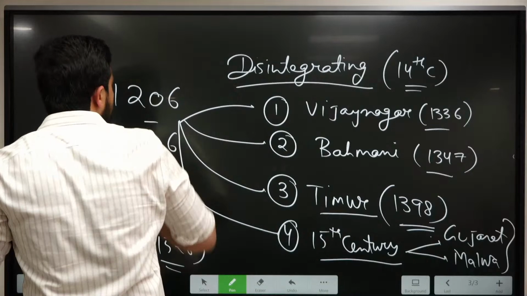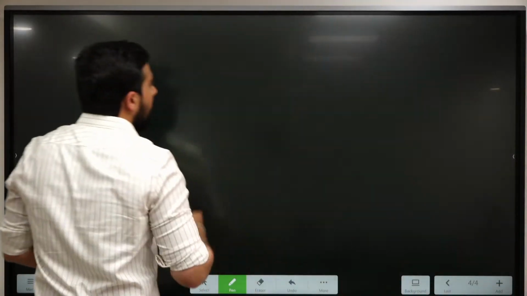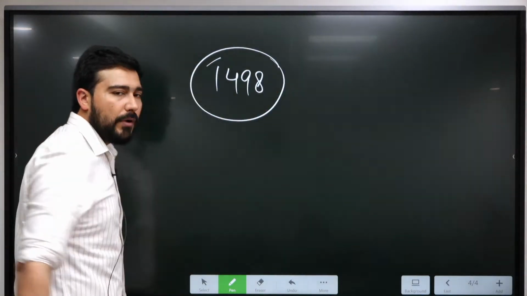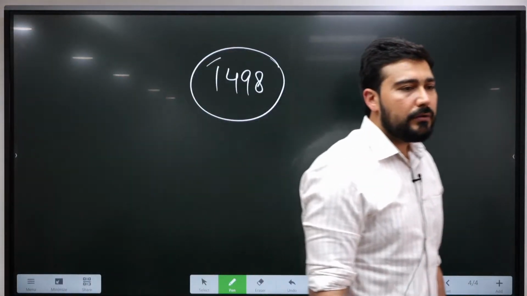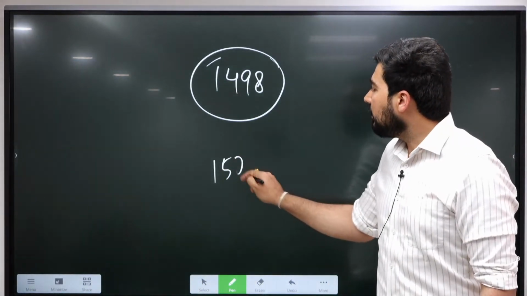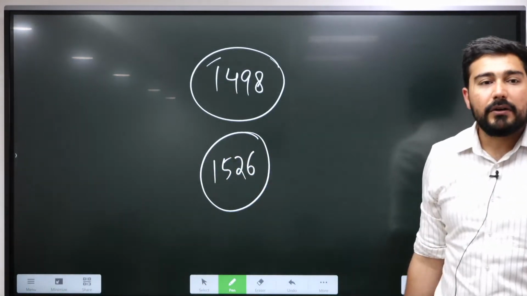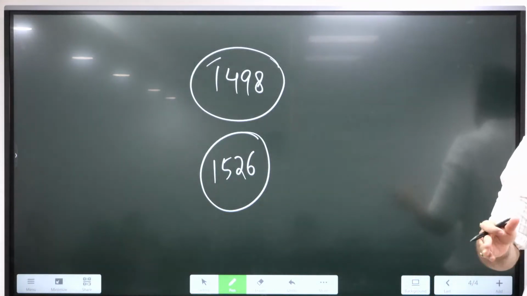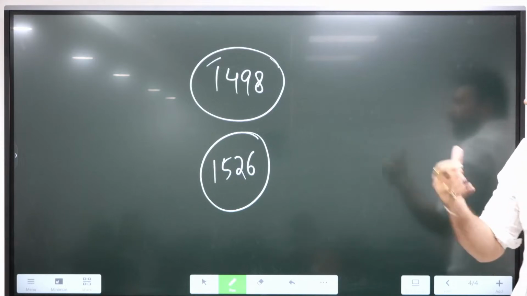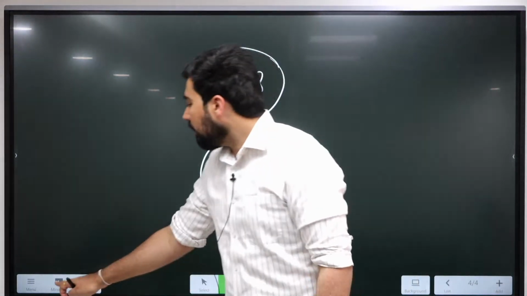One thing you need to remember: the Portuguese came in 1498, Vasco da Gama. He reached the port of Calicut. The Mughals came in 1526. So the Portuguese came before them. This you also need to remember. These kinds of questions do not come in mains, they come in prelims.